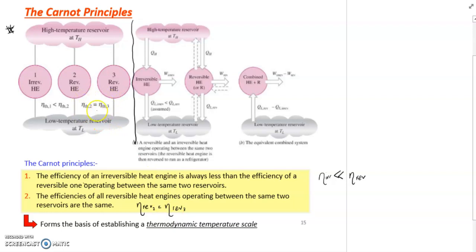The first principle is this one, between 1 and 2: the efficiency of a reversible heat engine must always be greater than the efficiency of the irreversible. And the figure on the right side is the violation.